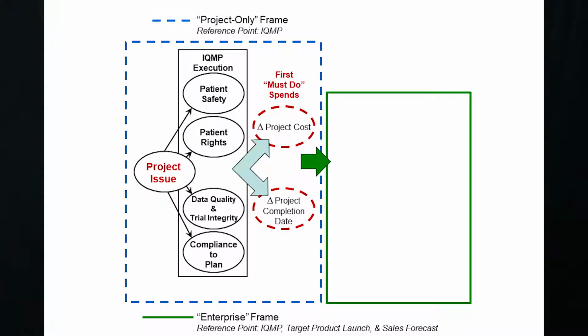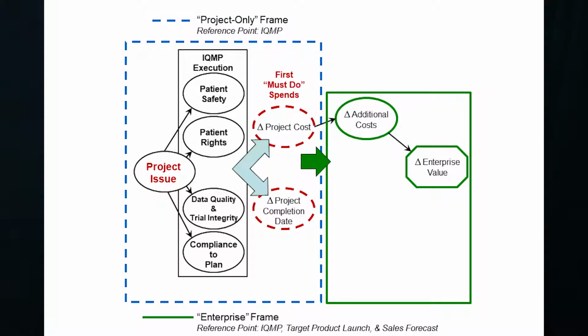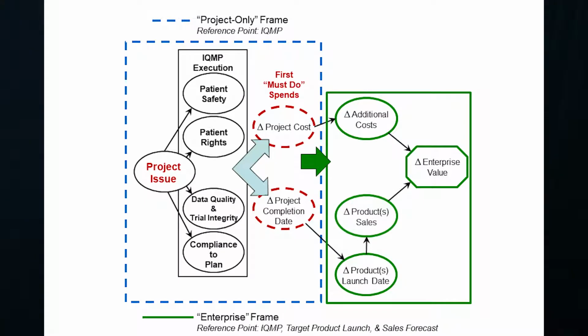First of all, the project costs must be expanded to include the total change in costs to the enterprise, and those change in costs ultimately impact the value of the enterprise. Changes in the project completion date may impact the product launch date, which in turn impacts product sales, which again impact the value of the enterprise.